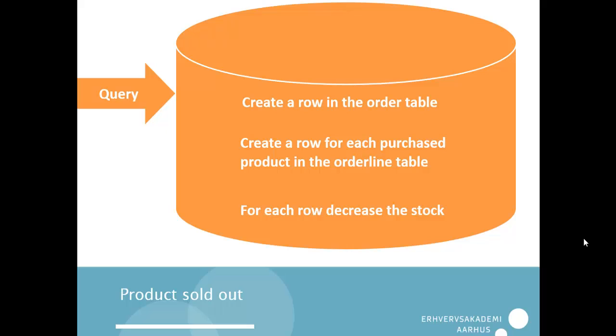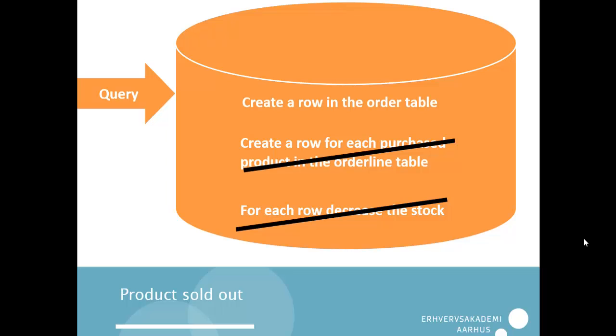So what happens if the product is sold out? Then we don't want to decrease the stock. And when we don't want to decrease the stock, we actually don't want to create a row for each of the purchased products, because in this case, the customer will only place the order if everything can be purchased in one order.